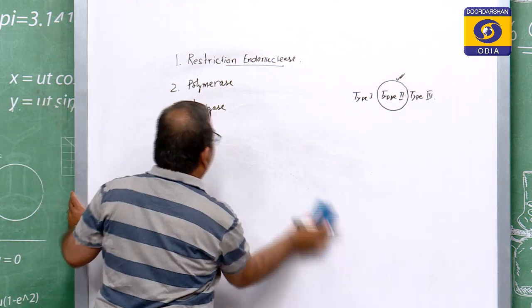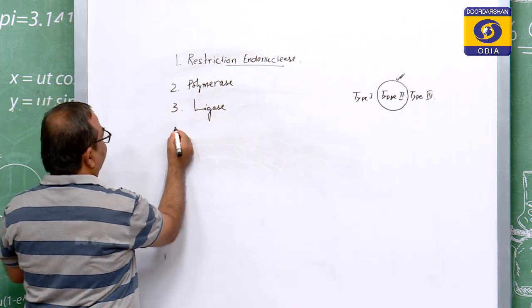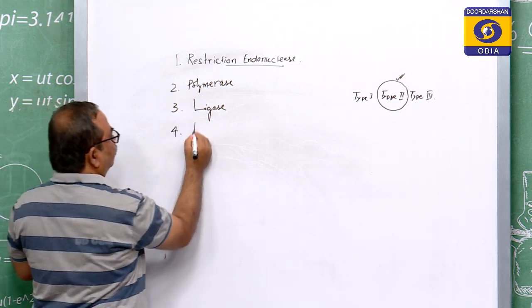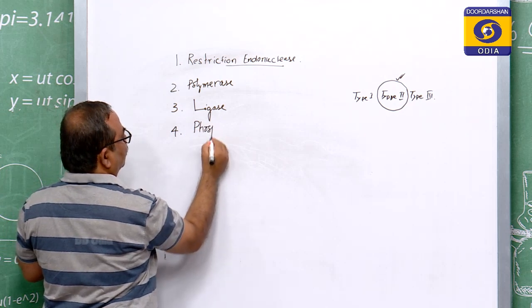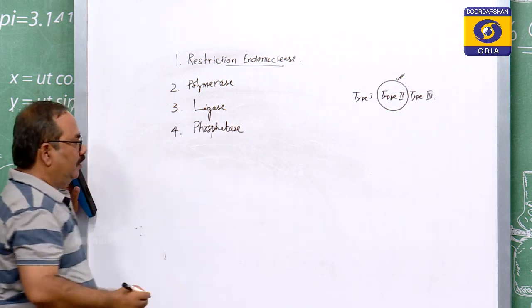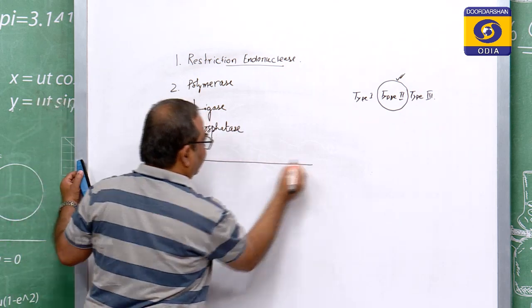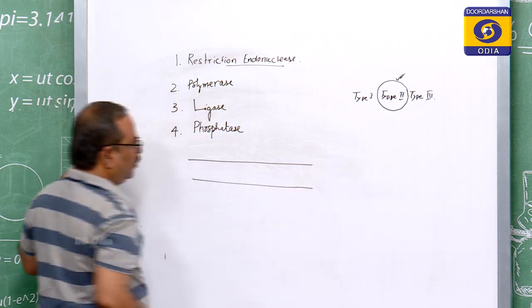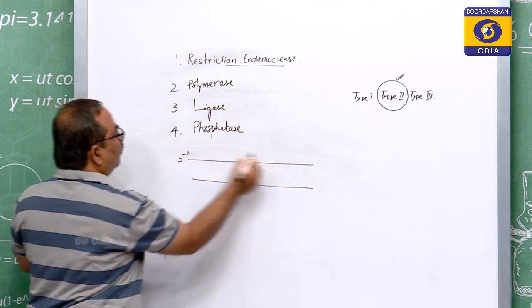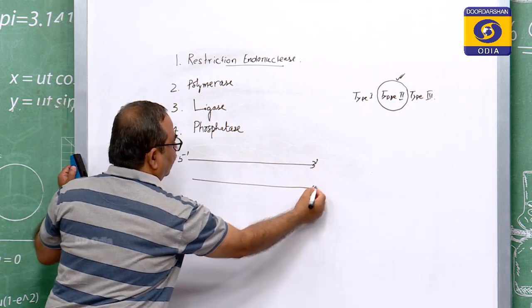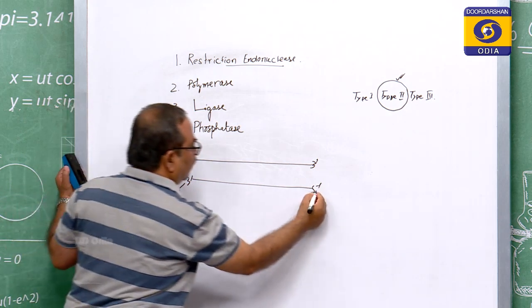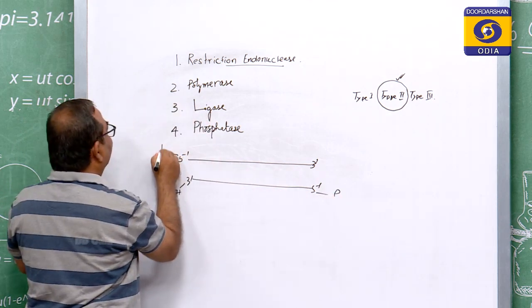Then the next enzyme is phosphatase. So, here if this is the DNA molecule, we are giving a schematic one. If we start from 5' and 3' end, we have OH in the 3' end and P in the 5' end.